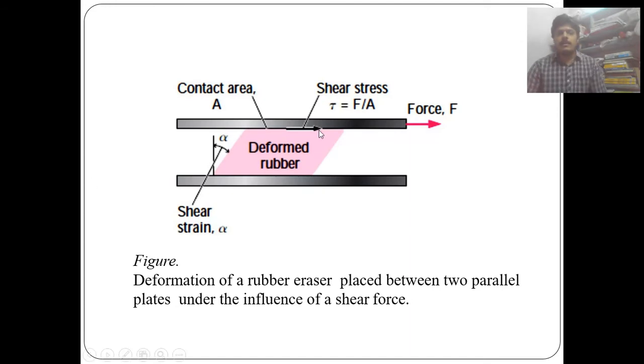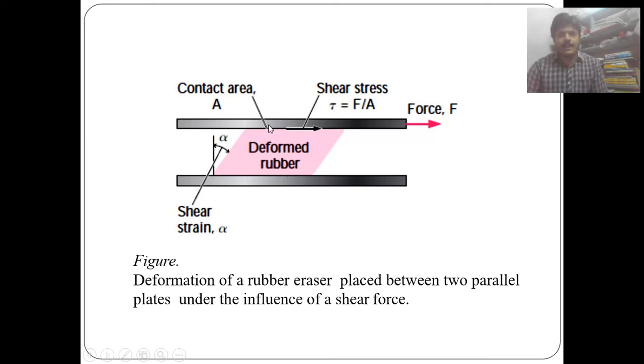You may see the figure here. Deformation of a rubber eraser placed between two parallel plates under the influence of shear force. Here the rubber, which is between the two parallel plates, deforms when it is in motion under the application of shear stress, and here the shear strain occurs.